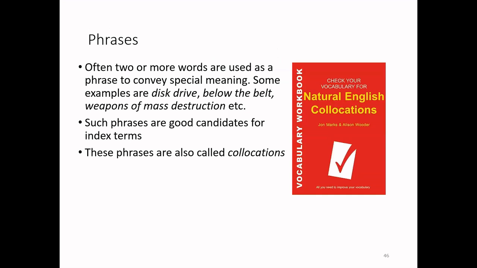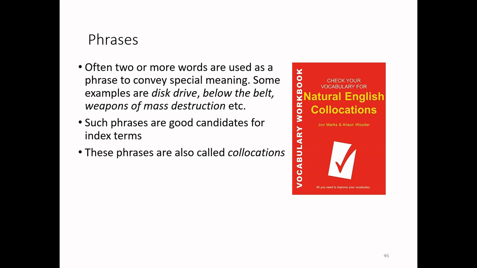Sometimes indexing terms are not single words, but they are phrases, because there are certain phrases made up of 2 or 3 words that do convey certain meaning. And what you may want to do is to use those phrases as indexing terms. So here are some examples of phrases: disk drive, below the belt, weapons of mass destruction.